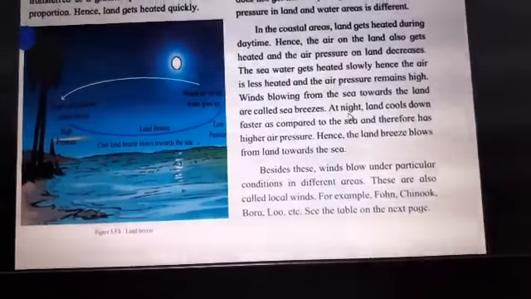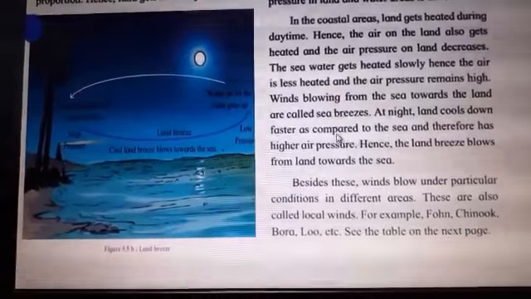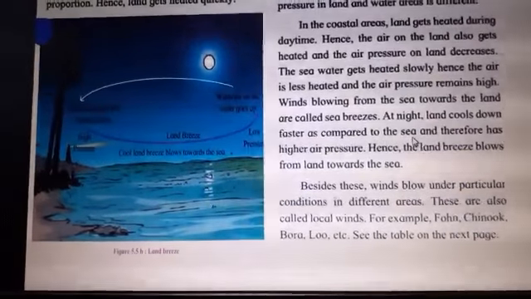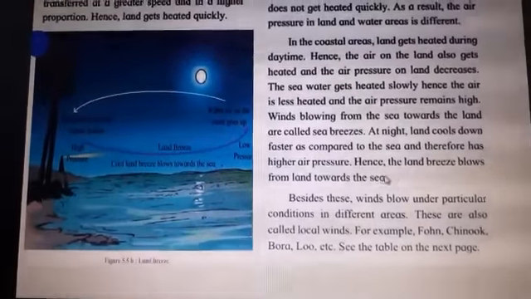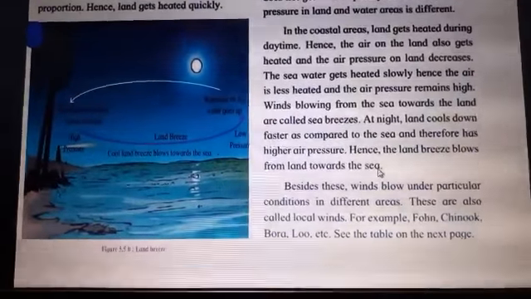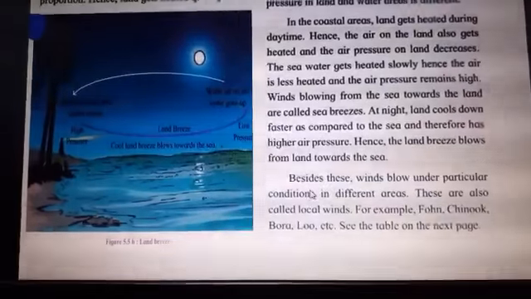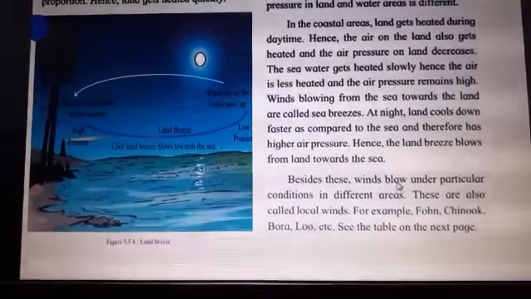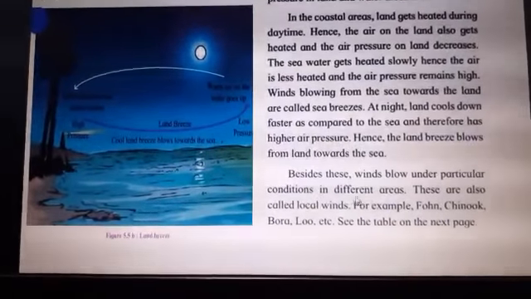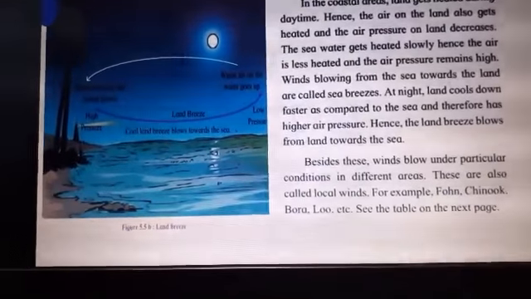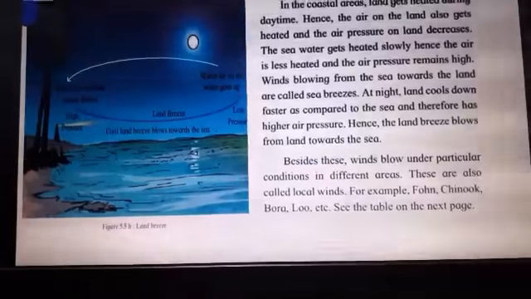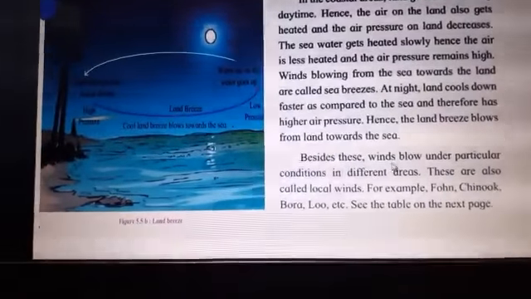At night, land cools down faster as compared to the sea and therefore has higher air pressure. Hence, the land breeze blows from land towards the sea. Besides these, winds blow under particular conditions in different regions, different areas. So winds which are blowing in different areas under particular conditions are also different in different places.